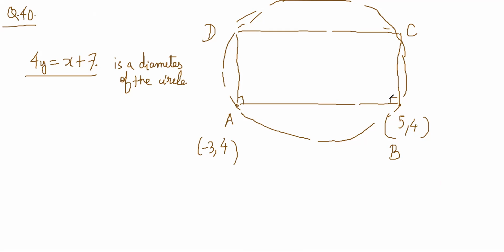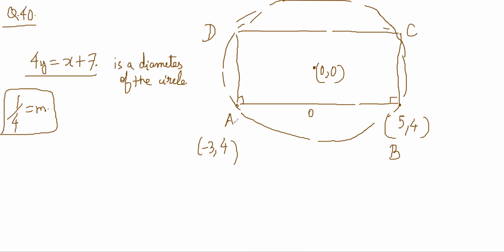Okay, so one side, this side has slope 0. This side is 90. So this is a rectangle, and the slope of the diameter is given to be 1 by 4. m is equal to 1 by 4 is a diameter, right? 0, 0 is, let's say, somewhere here.